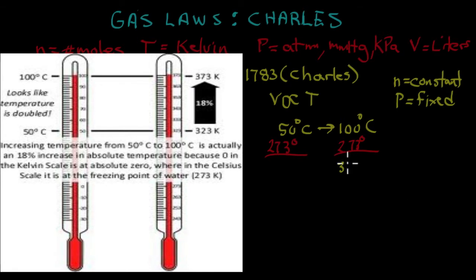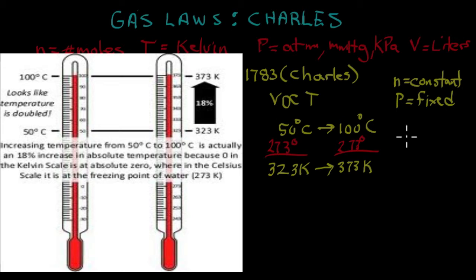This makes it 373 Kelvin and 323 Kelvin. So look, 50 to 100 is a doubling, but the same temperature in Kelvin is not a doubling. It only goes up about 15%. So the volume increase is only about 15%.